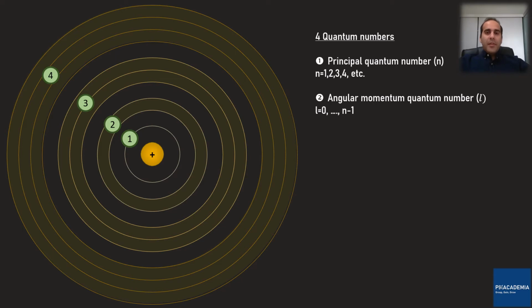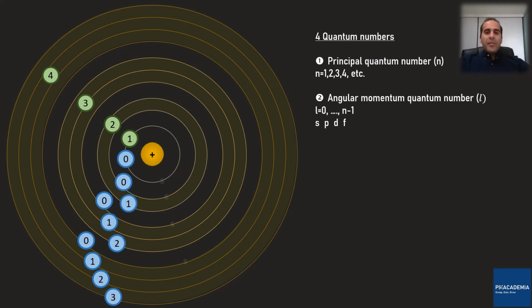For example, in the fourth energy level, the angular momentum quantum numbers are assigned to the sublevels like this. You can see now how these sublevels in other energy levels are numbered. In addition to the angular momentum quantum numbers, we often refer to the sublevels by the letters S, P, D, and F.